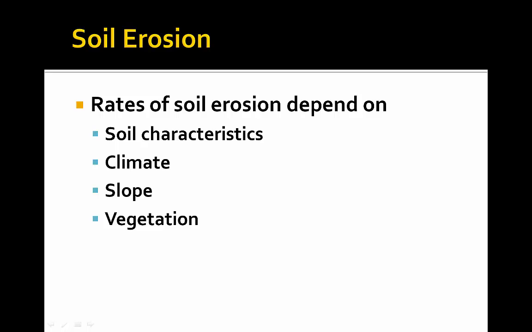So you'll notice that a lot of the same factors that played into soil formation are also playing into soil erosion. If you have a climate where there are intense storm events, there's flooding events, that's going to strip away soil. If you have a steep slope, or if a slope increases over time, that's going to increase the rate of soil erosion. And finally, if you remove vegetation that's holding the soil in place, soil can be washed away far easier.